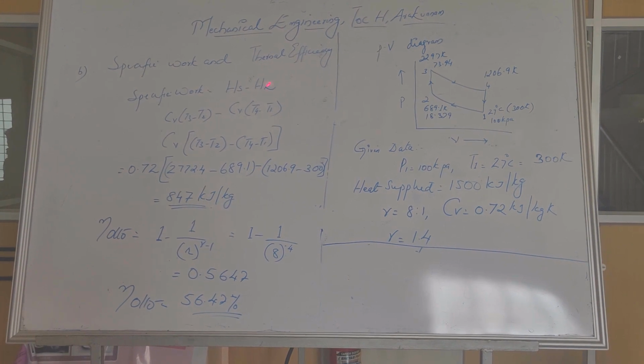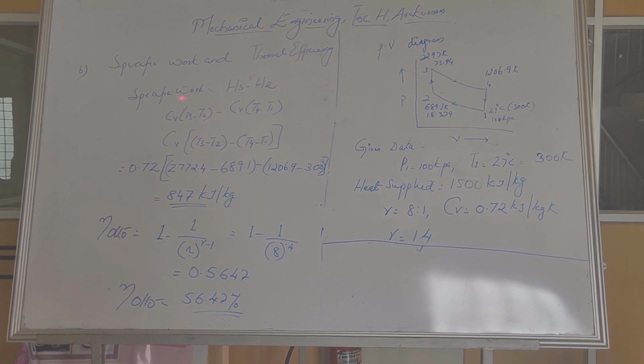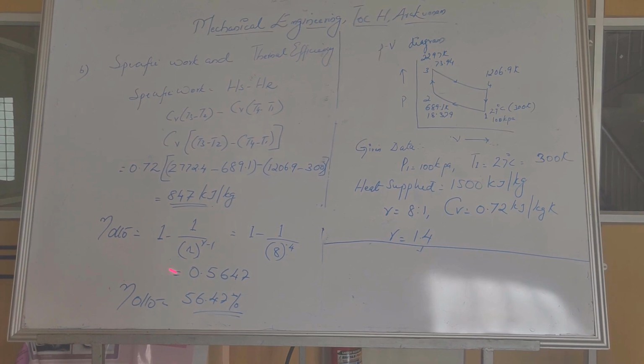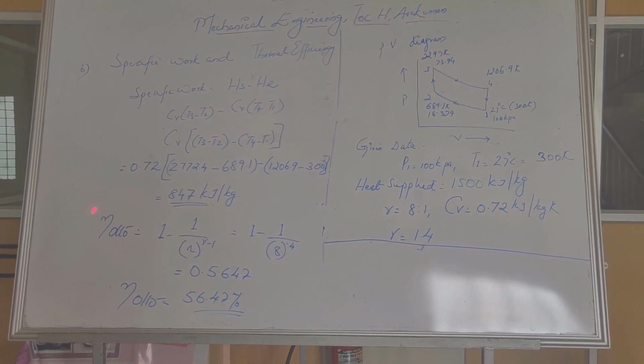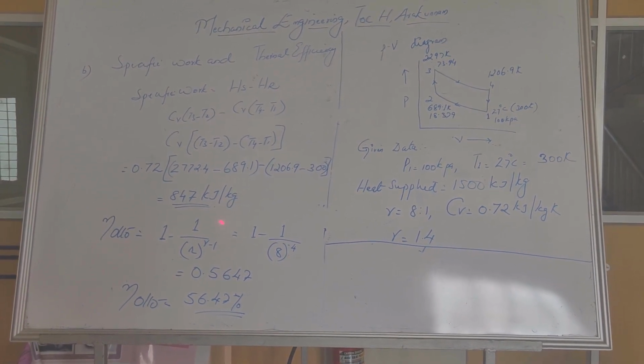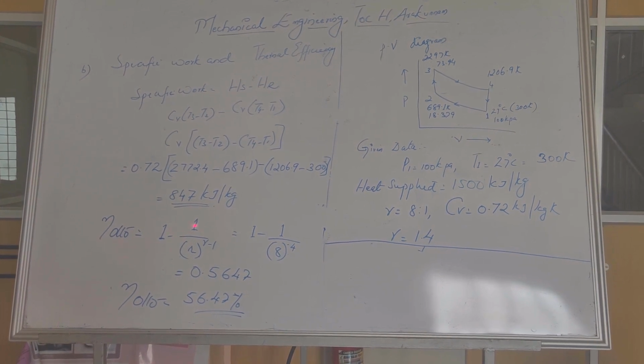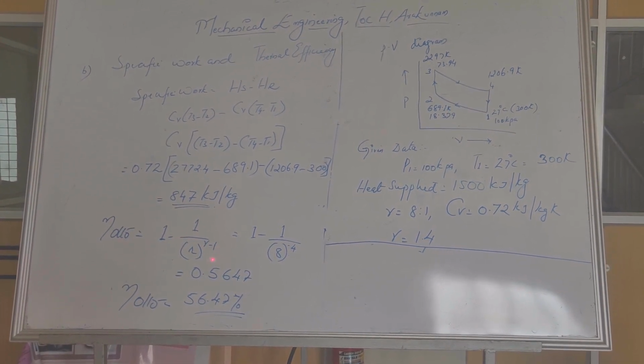Now the last part of this numerical is to find out the thermal efficiency of the cycle. And thermal efficiency, as we already discussed in the derivation, depends mainly on the compression ratio R. The equation for finding out the efficiency of Otto cycle is 1 minus 1 by R raised to gamma minus 1.